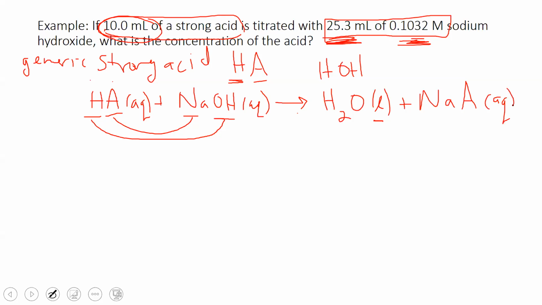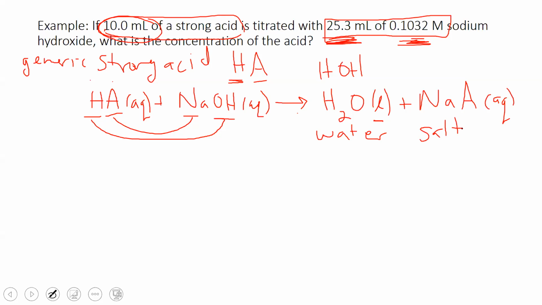So what we're making here is water and a salt. Not table salt necessarily, but a salt, okay? In general, when we have a strong acid reacting with a strong base, that's a way of looking at this chemical reaction.